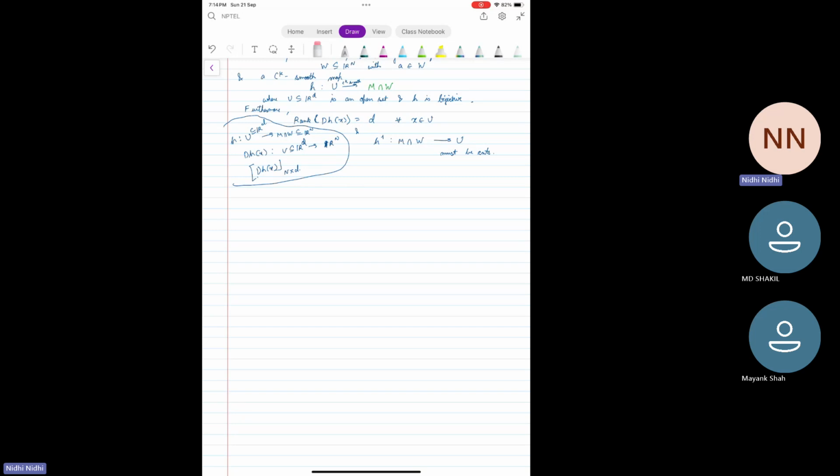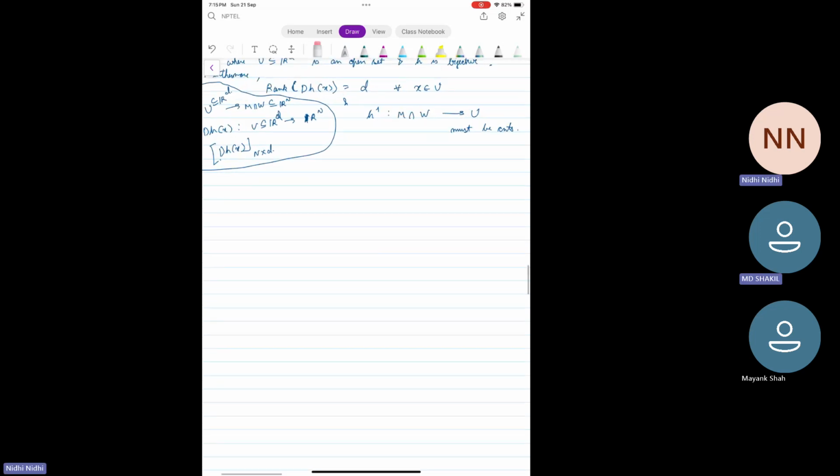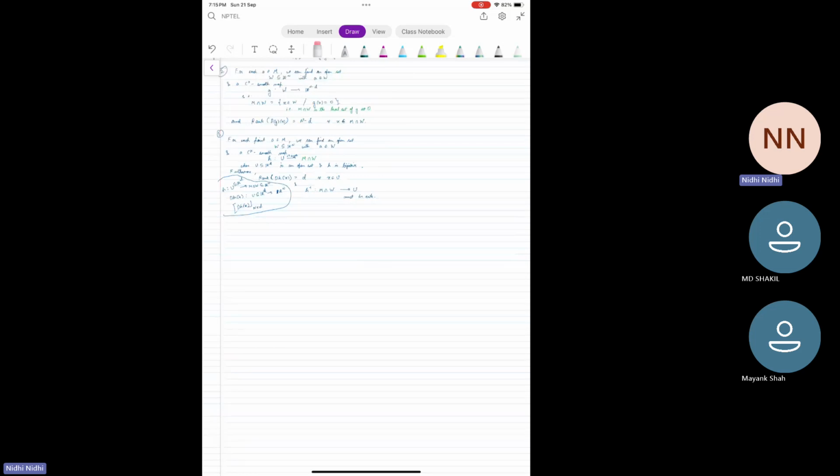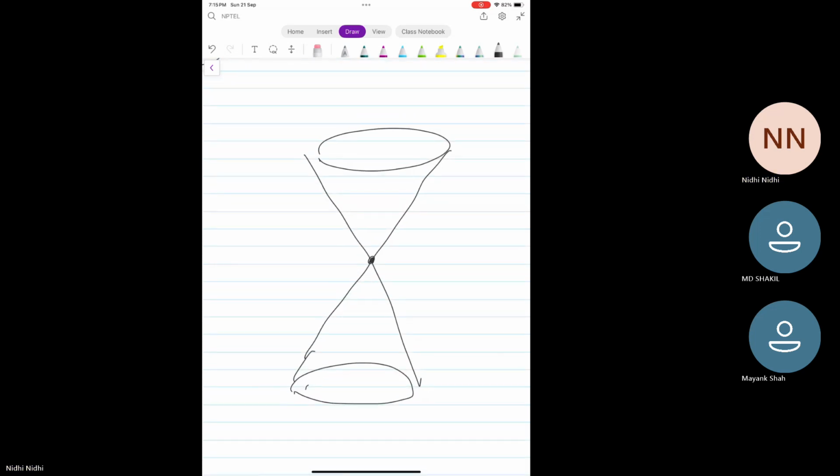Let's look at some examples. Why is that sharp point not Euclidean? I'll tell you. Suppose I made this structure. Now I want some neighborhood around this point to behave as Euclidean space. So I zoom in.